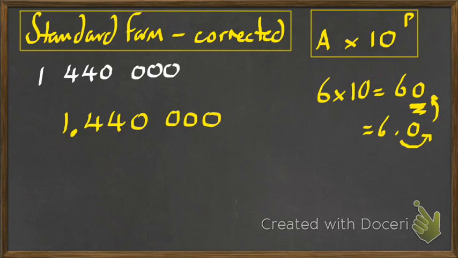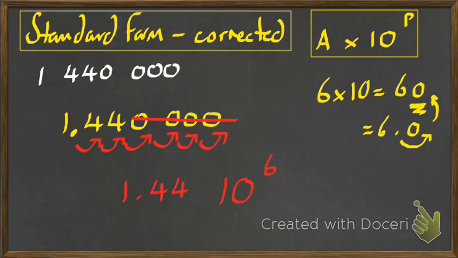How many times do I have to move the decimal place, and which way do I need to move it? Well, I'm just going to change colour here. I need to move it once, twice, 3, 4, 5, 6 times. And I know from what I said before that that gives me 10 to the power of 6. That is 6 noughts that I have to add on after the decimal place. And I also know that my number, because I can drop these noughts now, is 1.44 times 10 to the power of 6.